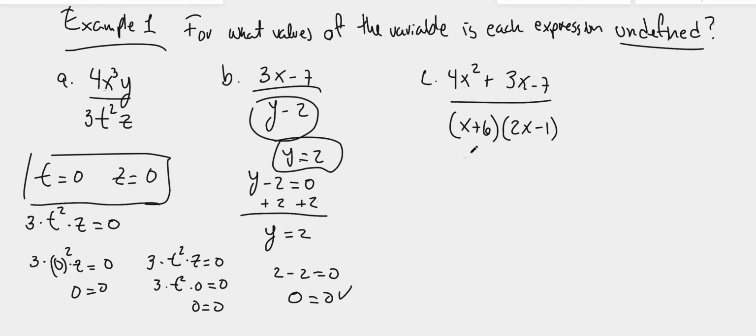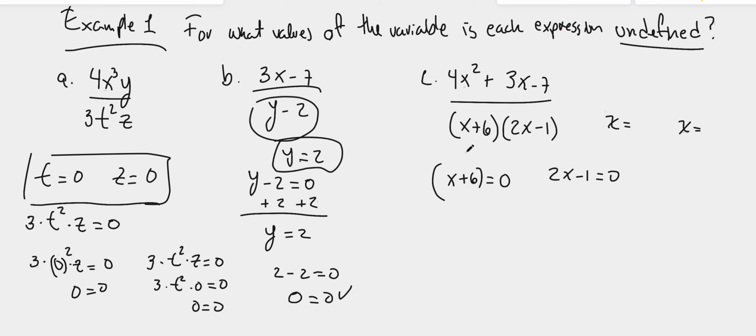And maybe you see where I'm going with this. This is something that you might have done in the past. Here we have a multiplication of two binomials, and what we can do is set each binomial equal to 0, so that we can find which value of x. Maybe we have two values, maybe only one, but let's see.